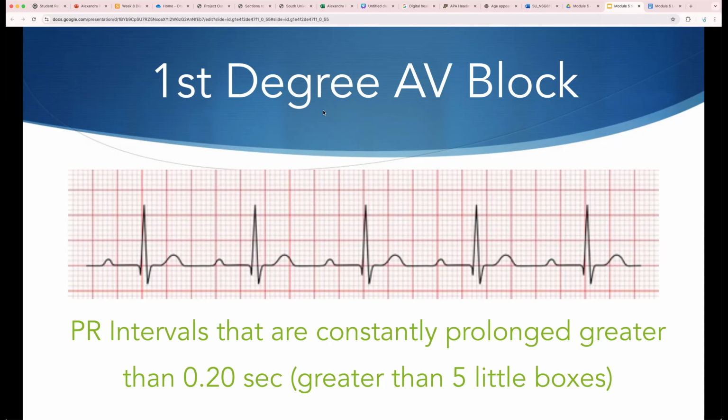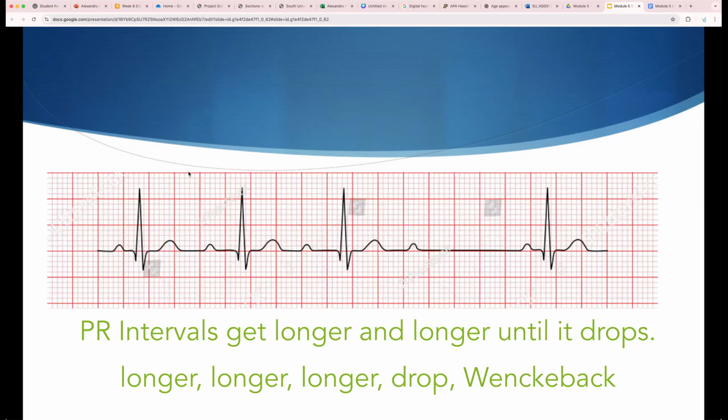Don't put normal because it's not normal, but it is a sinus rhythm because there's a P wave in front of the QRS and the QRSs are all the same distance, and it originated from the sinus node. Sinus rhythm with first degree AV block. And it's first degree because the prolonged PR intervals are all the same length, right? It's all 7.5 across, okay?